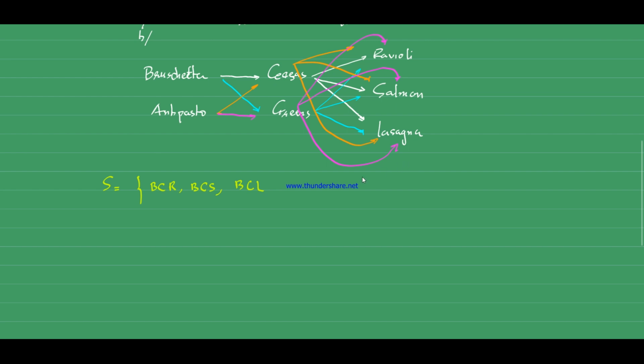Okay. Or we have B, G represent green, I'm sorry. So we have BGR, we have BGS, and BGL. Okay.